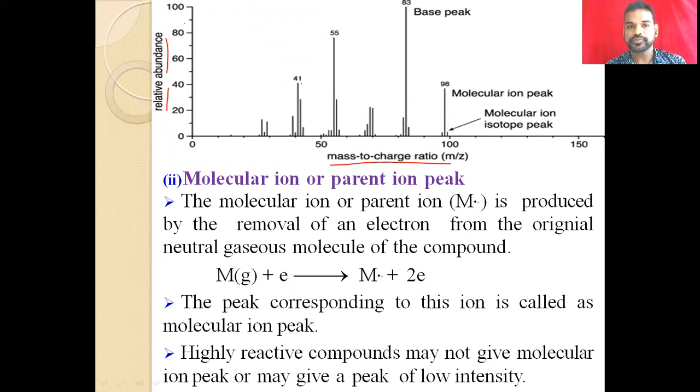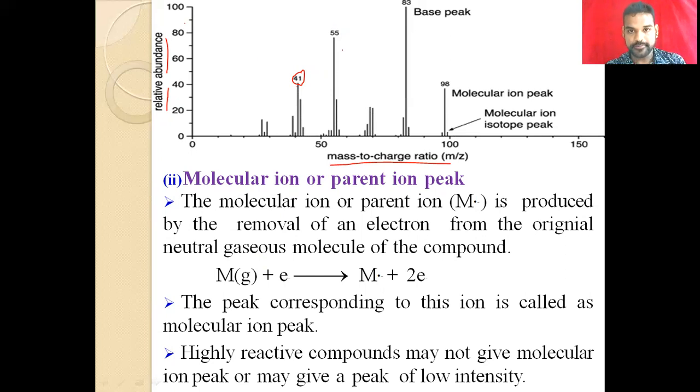For example, an m/z of 41 means a molecular mass of 41 with an abundance of 40, or a molecular mass of 55 with an abundance of 80. That means 80 percent is present. Like this we can state its abundance.